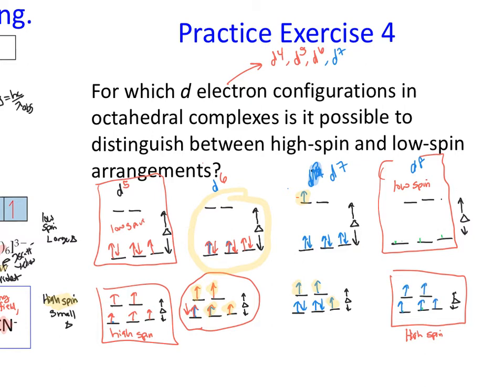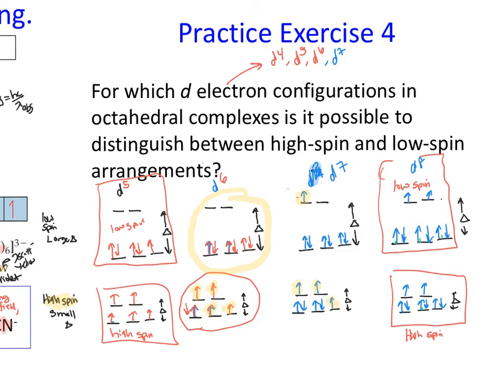So I go up high first and then I pair. 6, 7, 8. D8 low spin, 1, 2, 3. I stay down low and pair because I have a larger splitting energy. So that's 4, 5, 6, 7, 8.